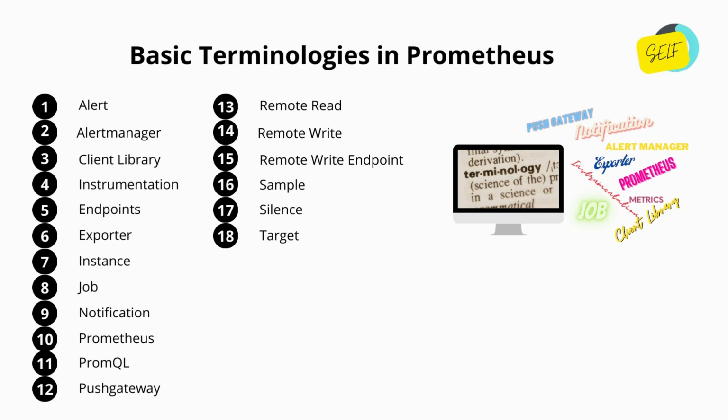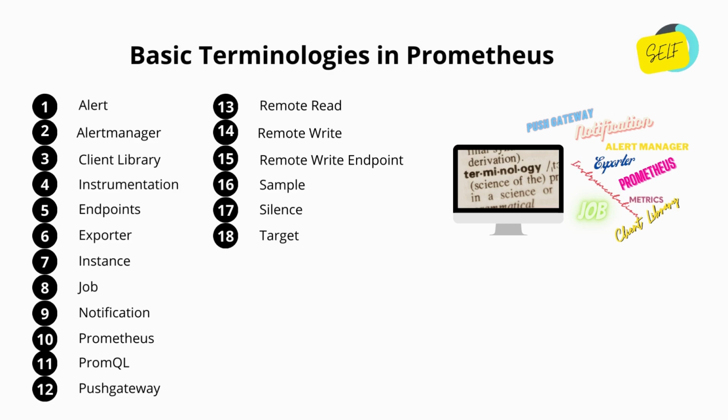Client library is the precompiled code that you can instrument inside your application code, and you can make your application more observable through different metrics. Instrumentation is the process of instrumenting your code with the client library. Endpoints are HTTP and HTTPS endpoints over which you can expose your metrics, and from where Prometheus scrapes or reads the metrics.